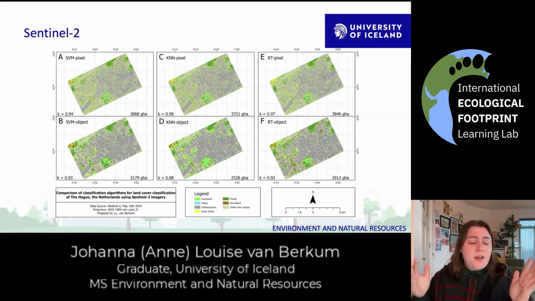At least here in the city, trees aren't usually 10 by 10 meters. So there were a lot of pixels that had a tree in it, some road in it. What are you going to do with that? If I just had only forest as a class and infrastructure as a class, it would be identified maybe as shrubland or as only infrastructure, when there's definitely green there, vegetation there.